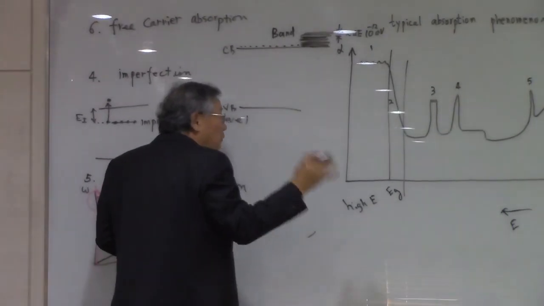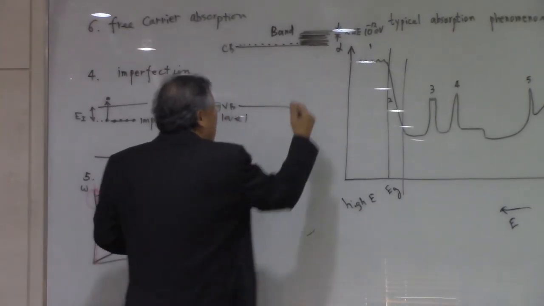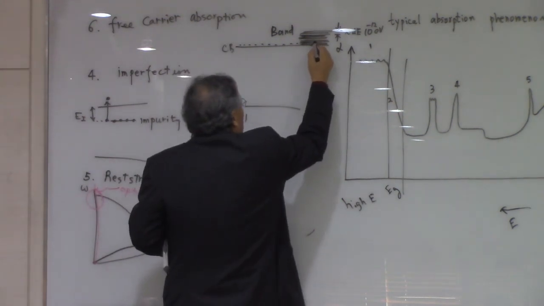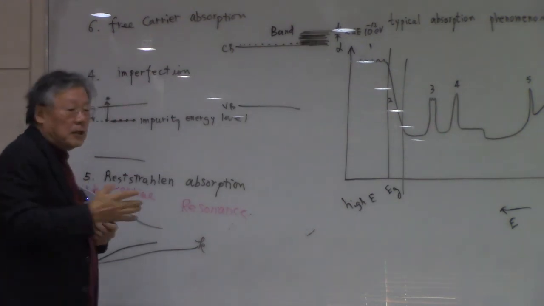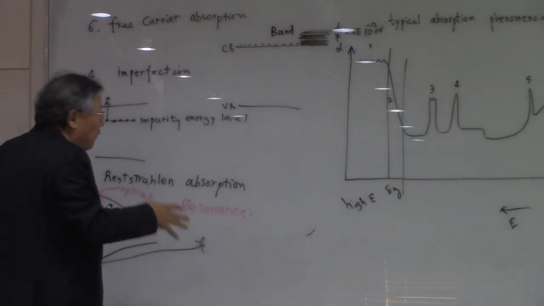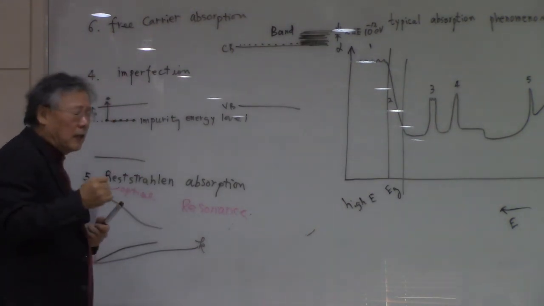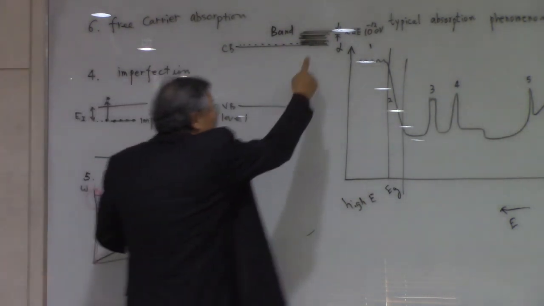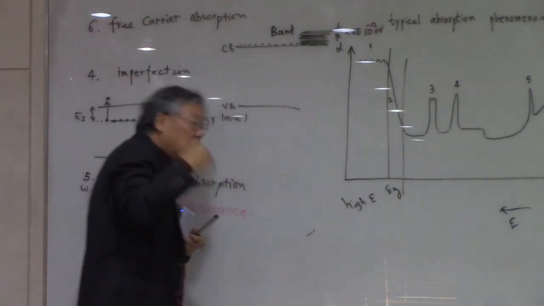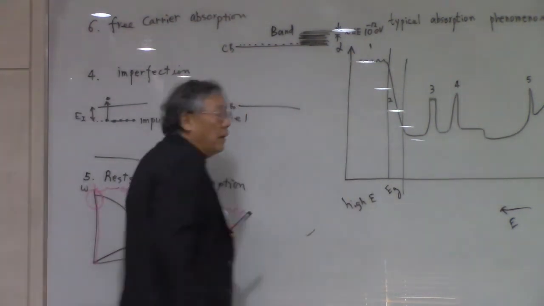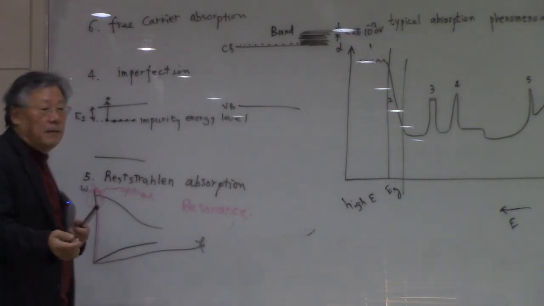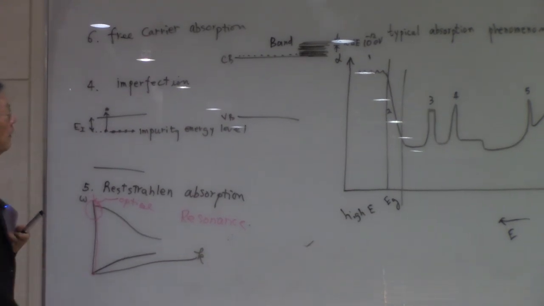But in a conduction band, it is not fully filled. Some of the electrons will be sitting in half of the conduction band, and so even if the light energy is very small, these electrons can be excited to the next level, which is only 10 to the minus 12 eV away from the current band.